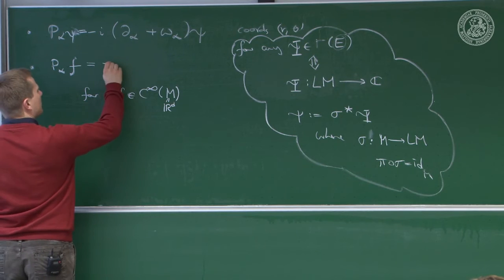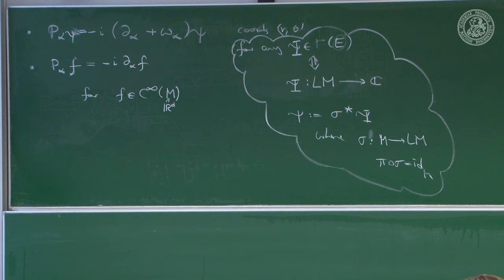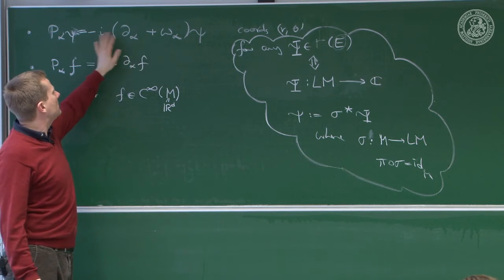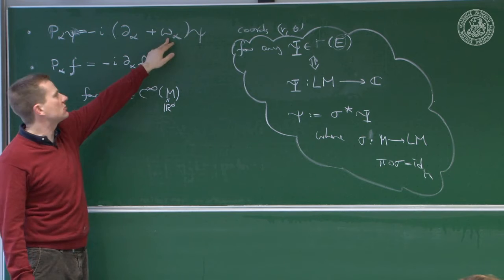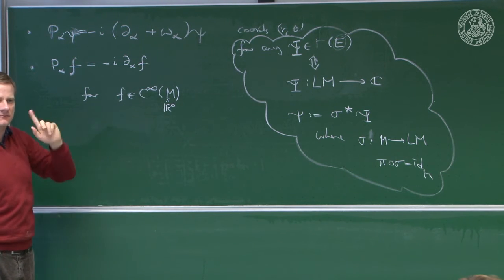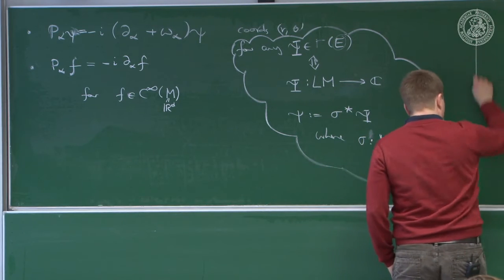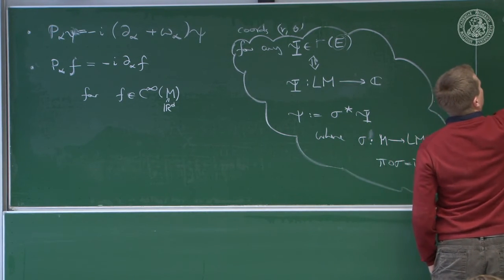Well, in that case, it's just minus i del alpha f, right? Because only on sections of a bundle does the covariant derivative act with an extra term. On functions, it still acts like this. Okay?